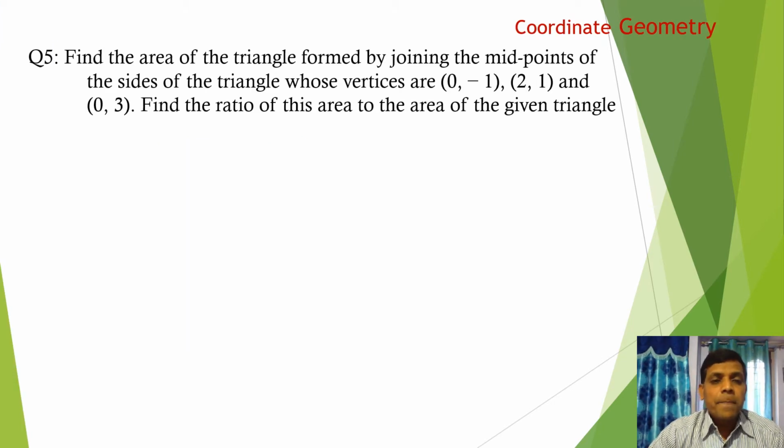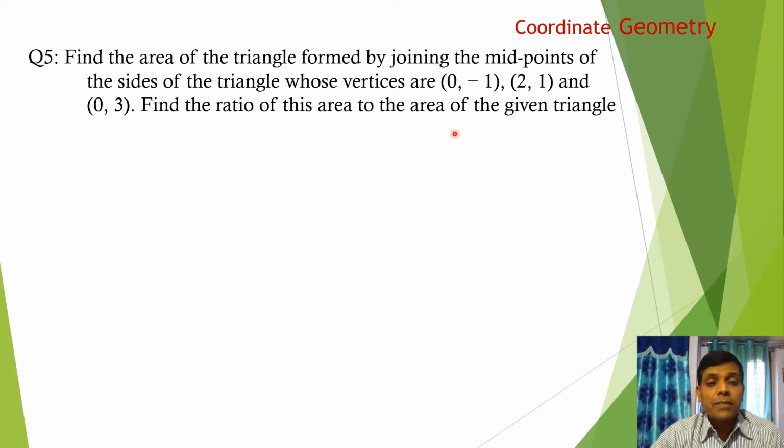In this question, find the area of the triangle formed by joining the midpoints of the sides of the triangle whose vertices are (0, -1), (2, 1) and (0, 3). Find the ratio of these areas to the area of the given triangle.